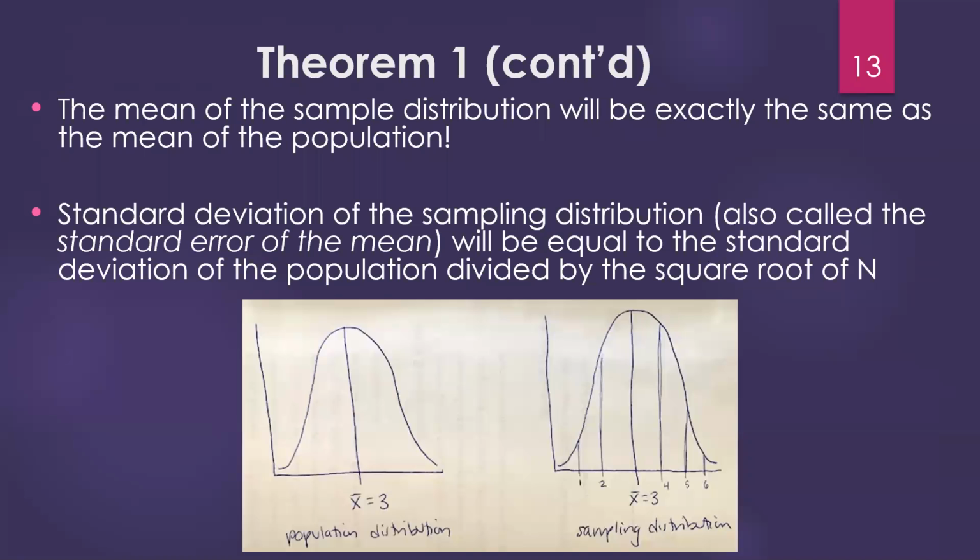So theorem number 1 just says if you have a variable that is normally distributed in the population, and you take enough samples to create a sampling distribution, the mean of that sampling distribution is going to match the population distribution.